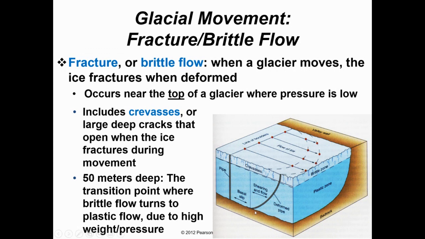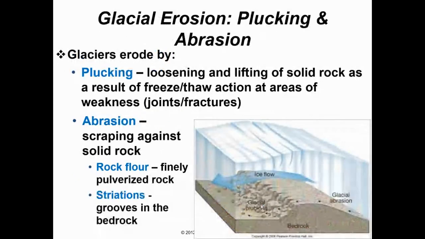Same concept with the friction. Here we have more friction at the bottom, less friction up towards the top. Hence, the top of the pipe is moving faster downhill than the bottom of the pipe. So a very dynamic process there associated with glacial movement.